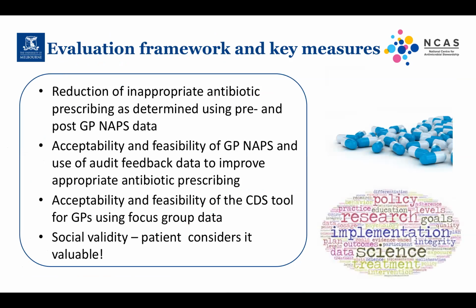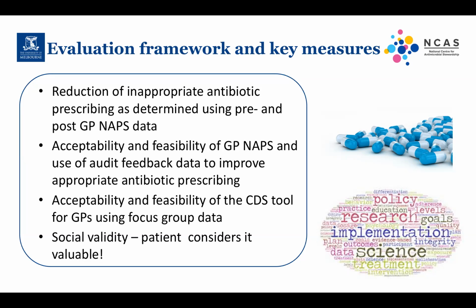I think I ran out of puff when I got back to this question, evaluation framework and key measures. So I thought about how we actually evaluate the framework and what key measures we actually need. We can measure the reduction of inappropriate antibiotic prescribing as determined using pre and post GP NAPS data.